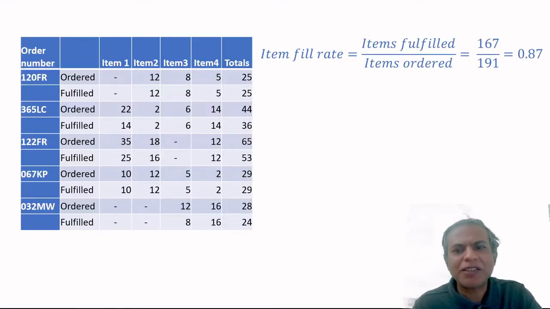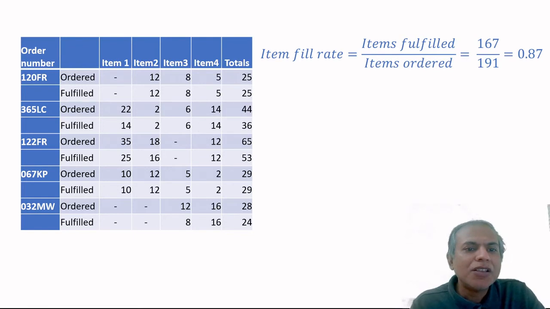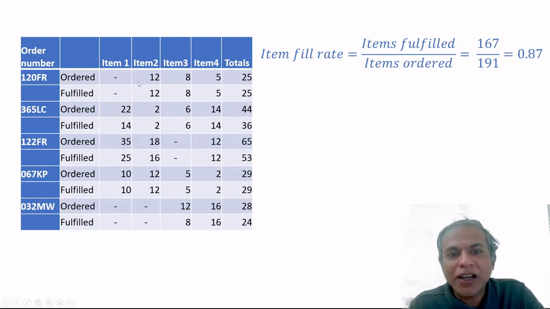So some other metrics are this idea of fill rates, which measure inventory from the customer service viewpoint. So let's assume a business has these 5 orders. I've created dummy order numbers and they sell 5 items. So order number 120 FR, the first order, wants 3 items. They sell 4 items, I'm sorry.